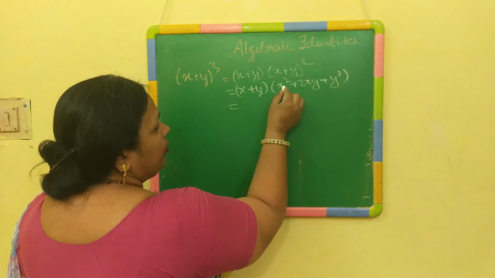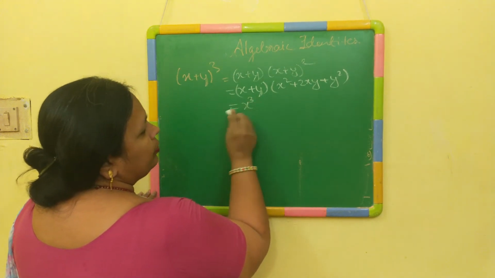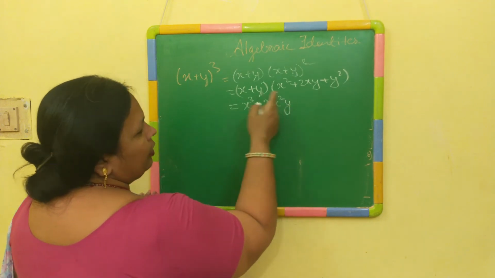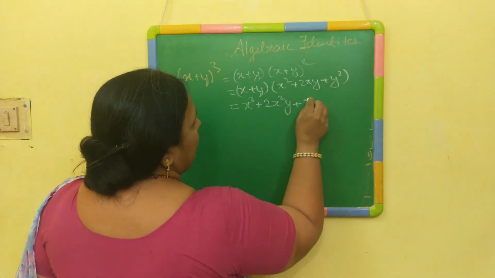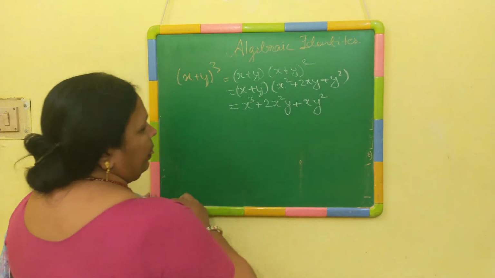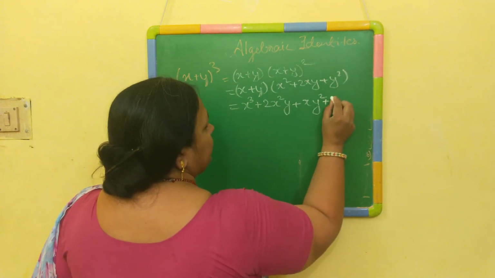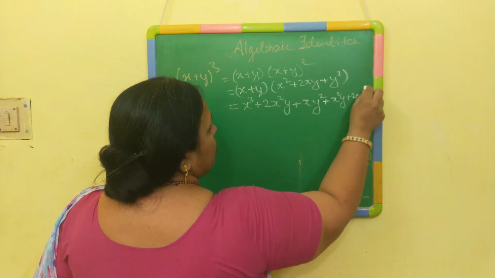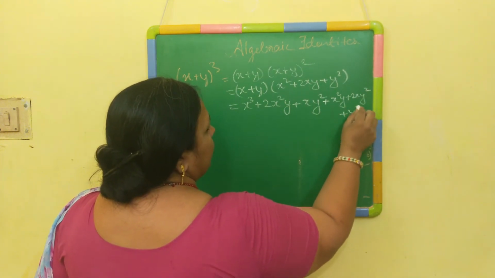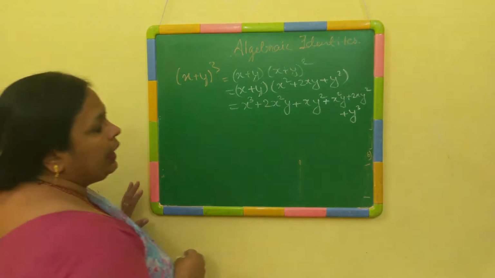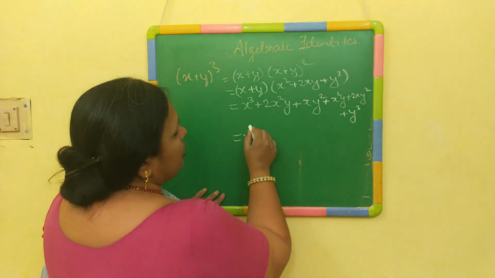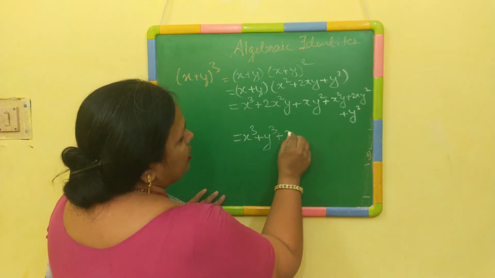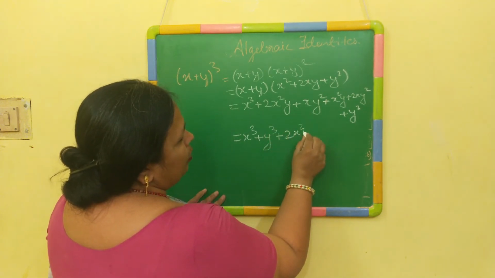Here multiplying it by this, so x cube plus 2x square y plus xy square plus x square y plus 2xy square plus y cube. Rearranging it, x cube plus y cube plus 2x square y.